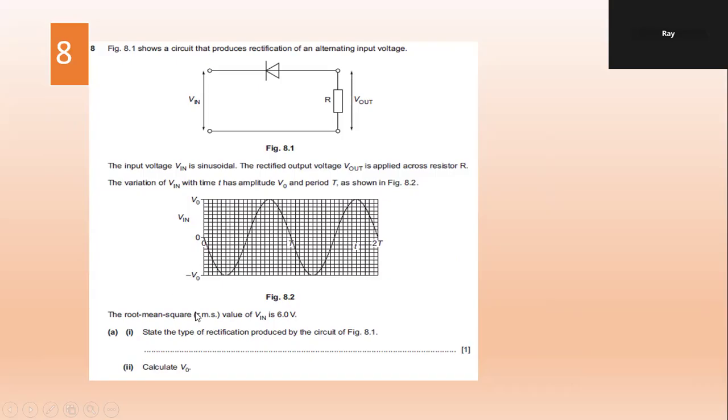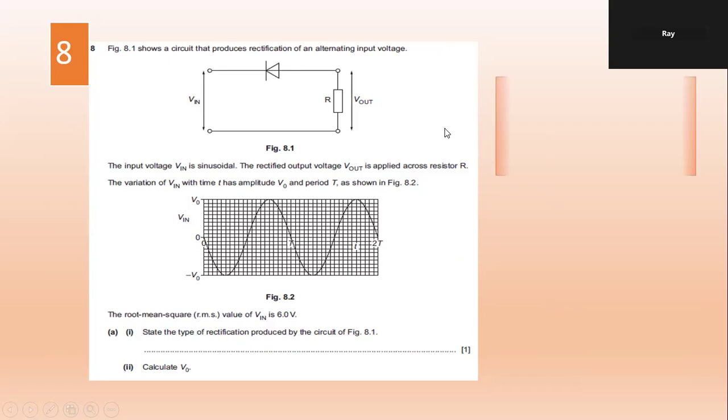The root mean square value for Vin is 60 volt. State the type of rectification produced by the circuit in figure 8.1. What's the type of rectification? Yep. Half wave. Looks like half wave. Single diode. Doesn't matter direction of diode.